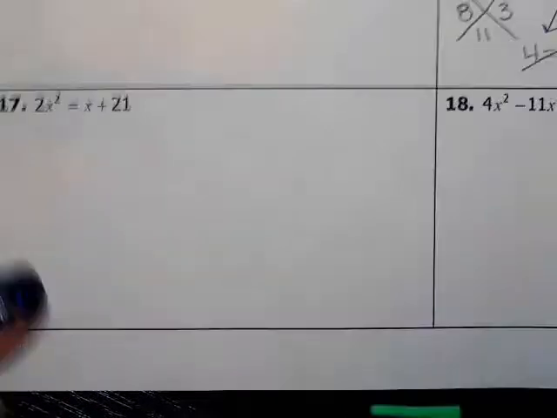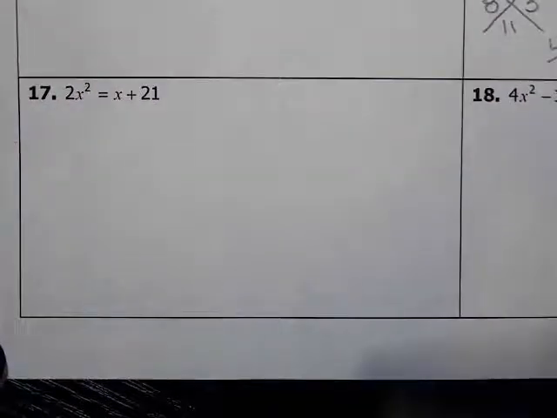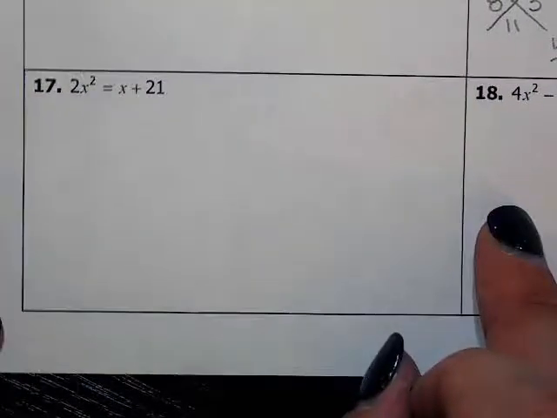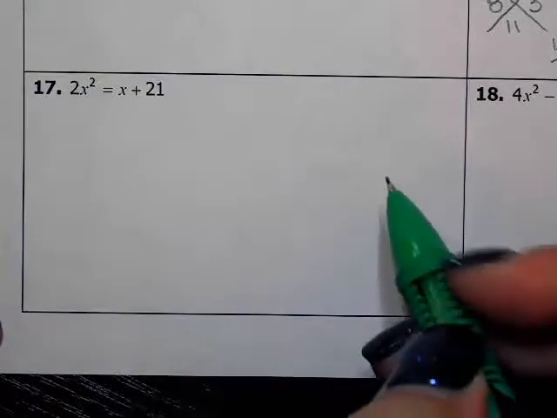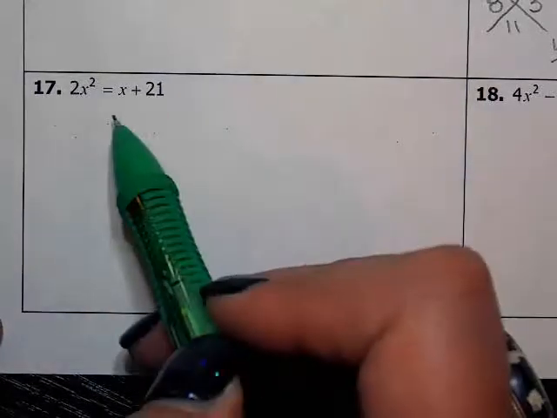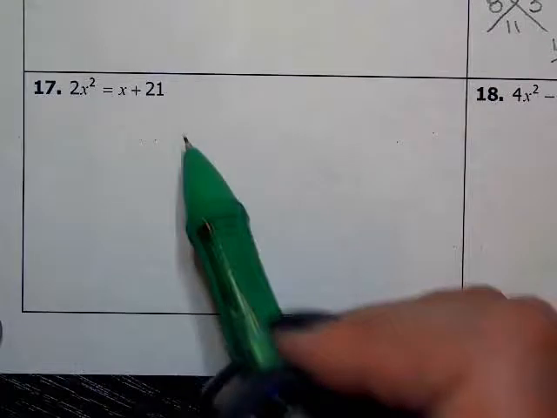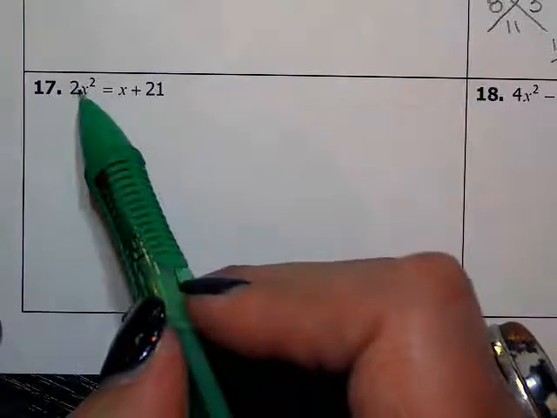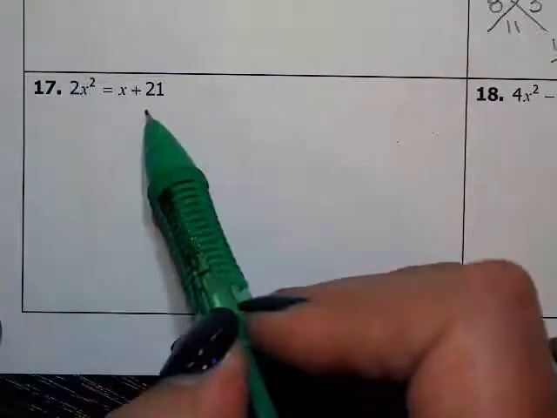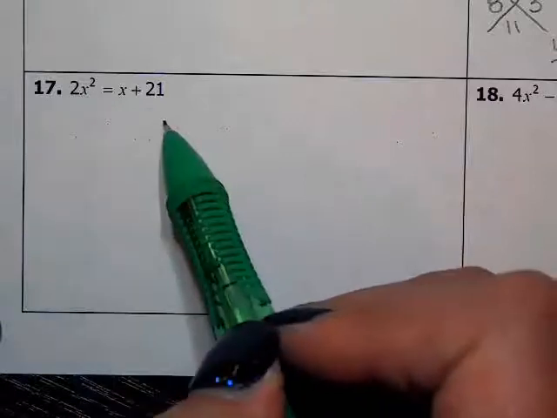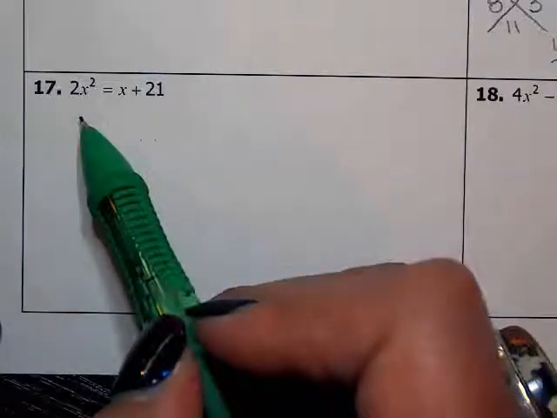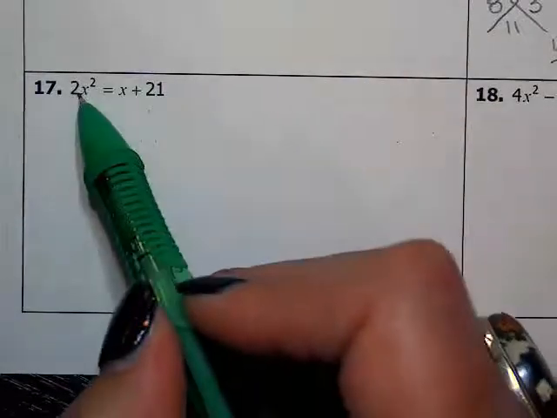Let's try number 17. Now on problems like this, a lot of students would be like, oh, subtract the 2x squared over because it's easier to subtract one thing. But it is easier when you are factoring if the x squared term is positive, because then you don't have to mess with the negative.